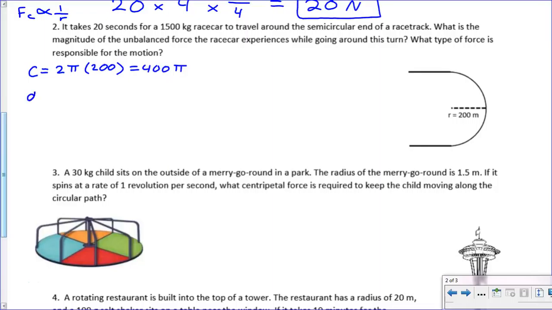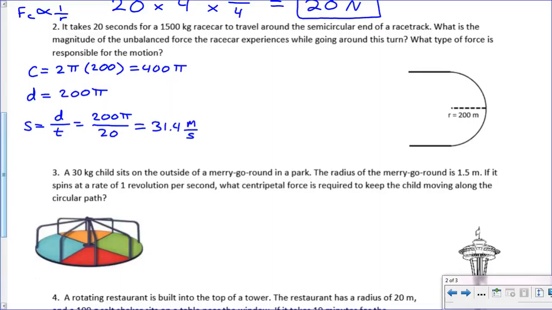So the distance traveled equals 200 pi. Speed is equal to distance traveled over time, which equals 200 pi divided by the time it took, which was 20 seconds. When you do that, you get 31.4 meters per second.